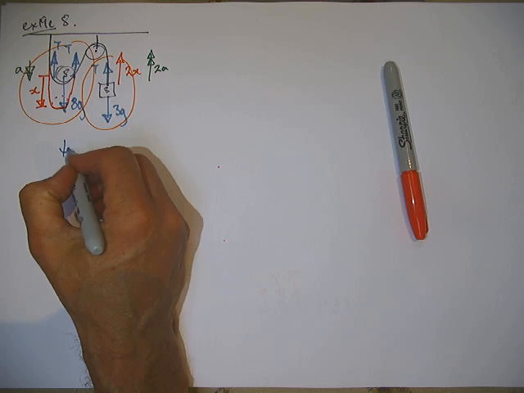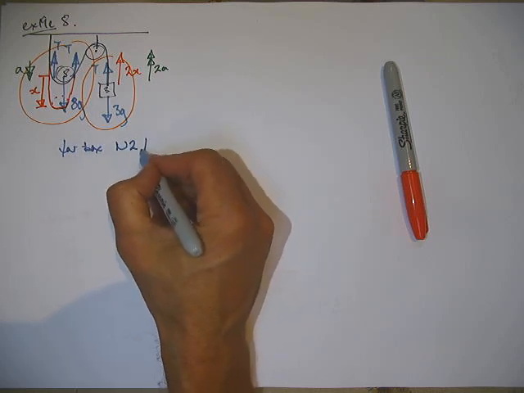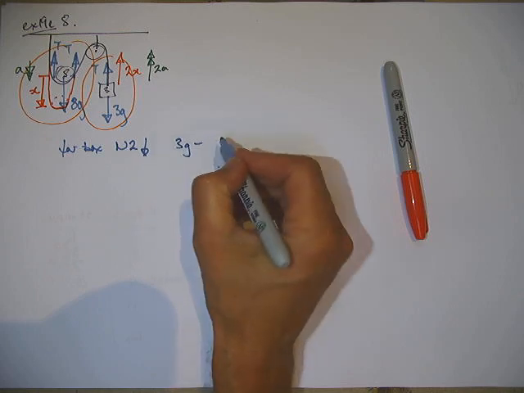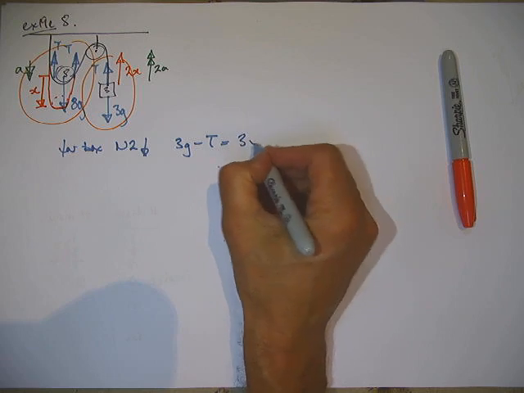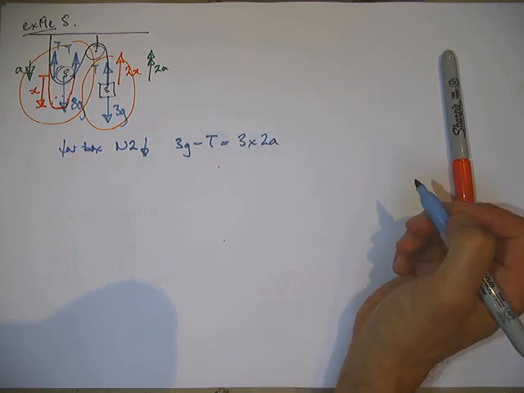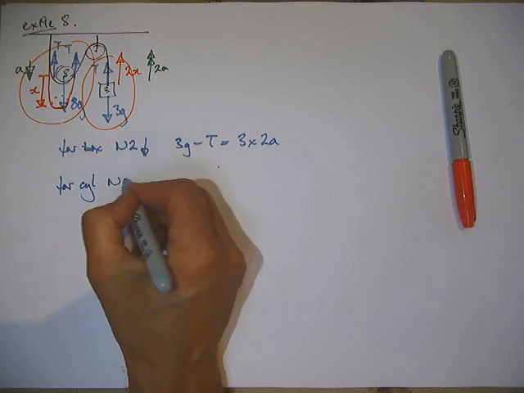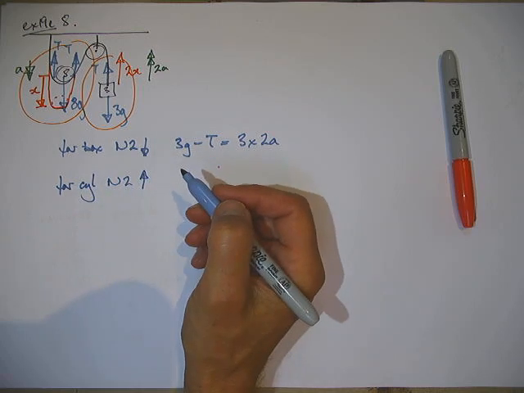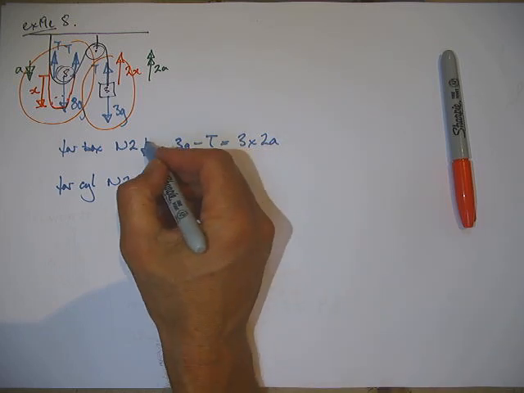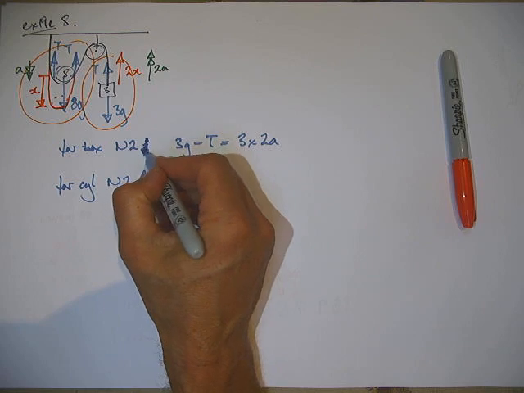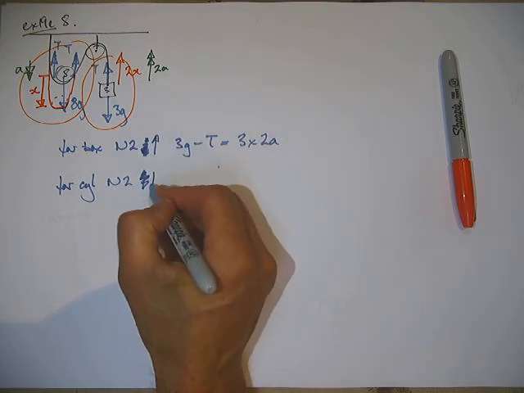So for the box, Newton 2 downwards: 3g take T is the mass multiplied by the acceleration. For the cylinder, Newton 2 upwards, oh, I've got it the wrong way around, haven't I? That should be Newton 2 upwards, and that should be Newton 2 downwards.